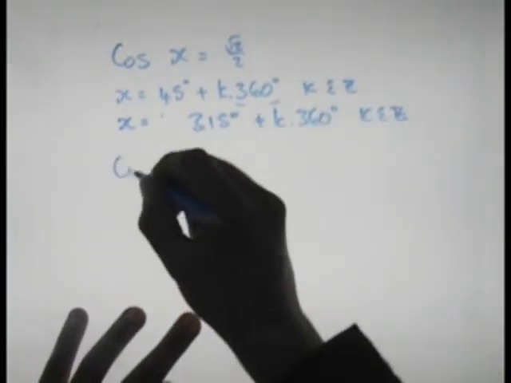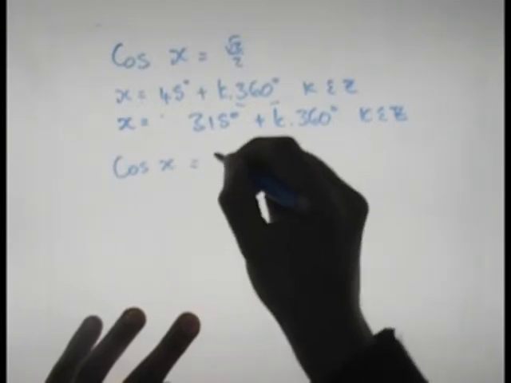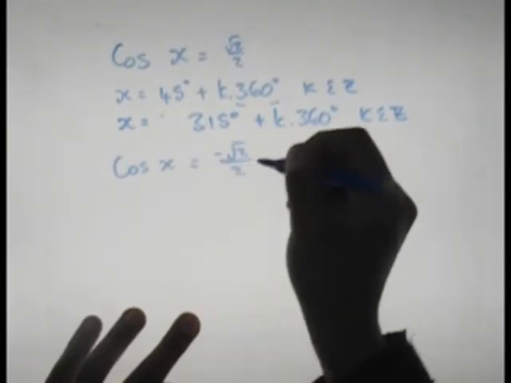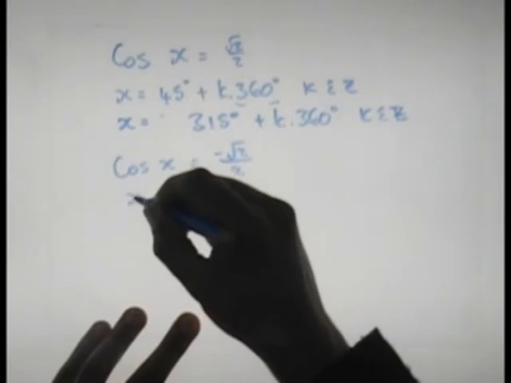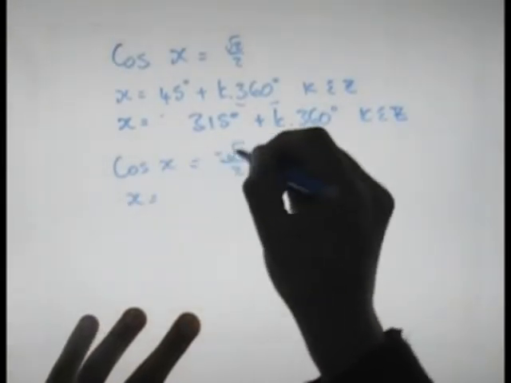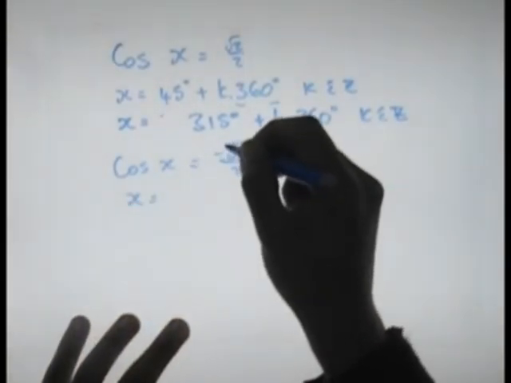Now, if cos of x were to equal negative root 2 over 2, we know that when cos is negative, in which two quadrants?